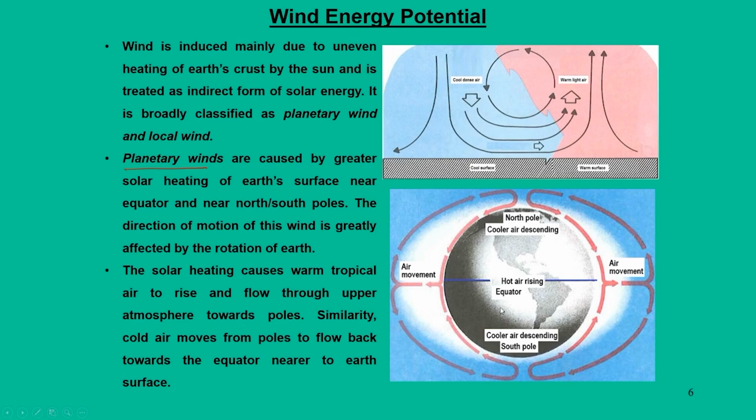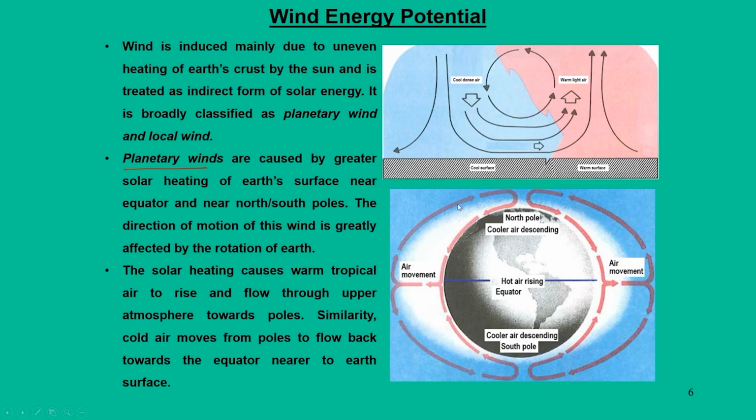So, what happens when the sun's radiation falls on the earth surface, and at the same time the earth is rotating on its own axis as well as around the sun? We all know that the equator regions get enough solar radiation, so the air becomes hotter. This hot air moves up to the upper atmosphere, and it floats towards the north pole or south pole, and we call this air movement from equator to poles.